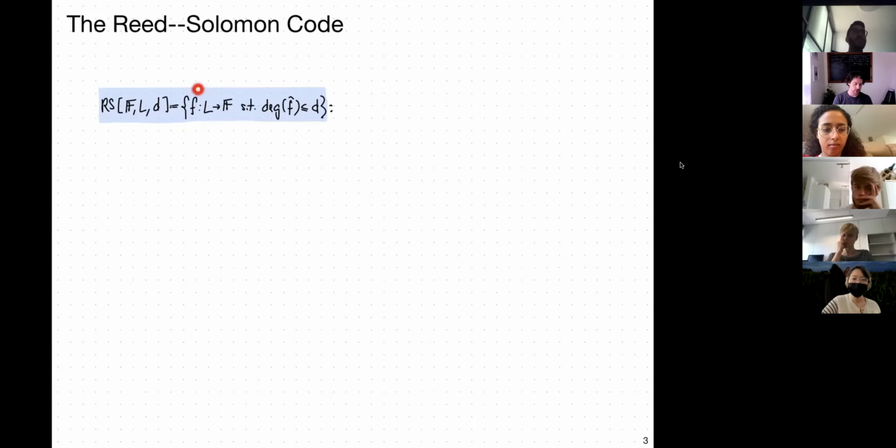You can notice that here I have a function with no hat, and here I have a function with hat. And what I mean by that is that there is a distinction between a polynomial and a polynomial function. This is also a question that Tal asked, so thanks. A polynomial could be a formal object, a linear combination of coefficients, but a polynomial could also be a polynomial function, which is the function that we get by evaluating the polynomial.